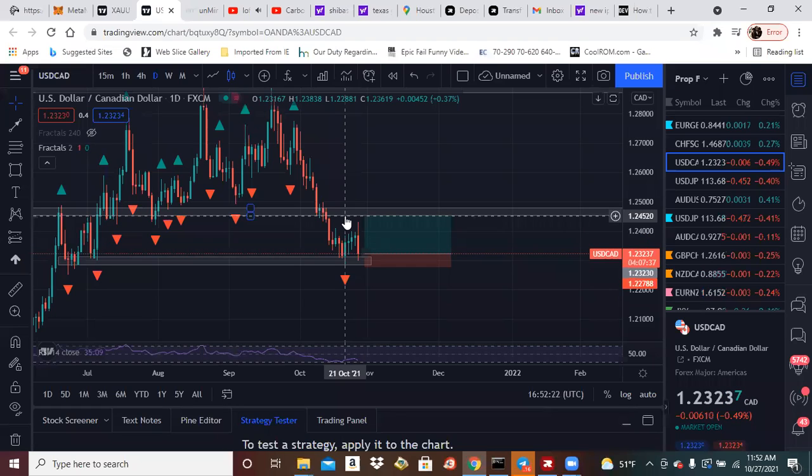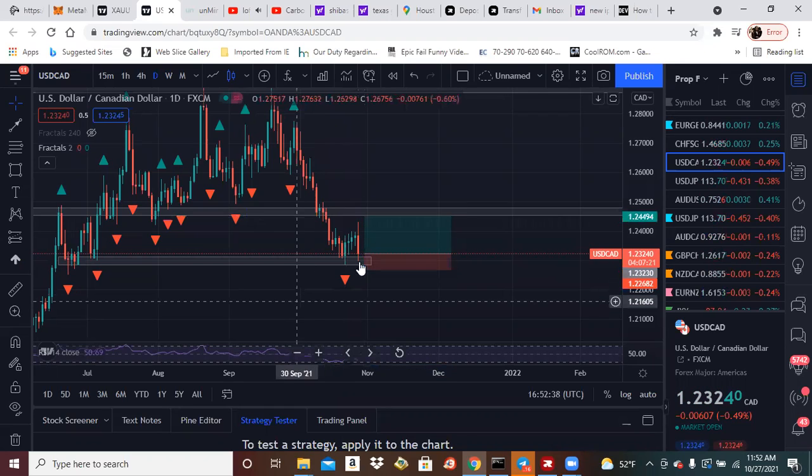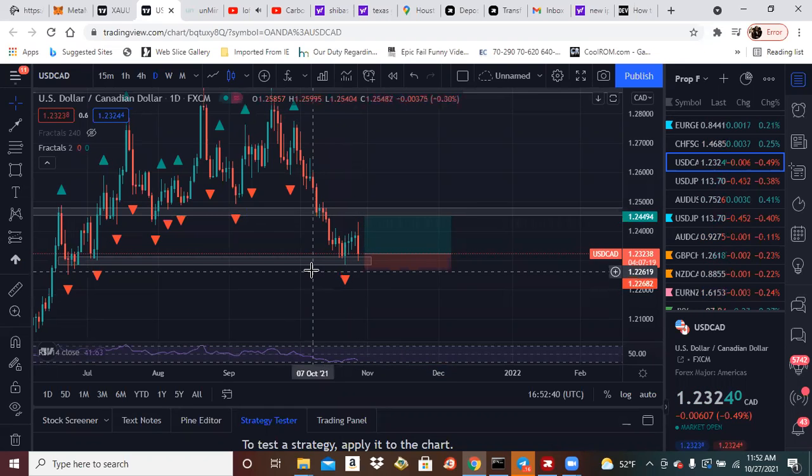So TP would be 1.24520. And I like to make sure the stop loss is well below that support, just so we won't get stop hunted. And stop loss 1.22661. All right, I put it on the chat.